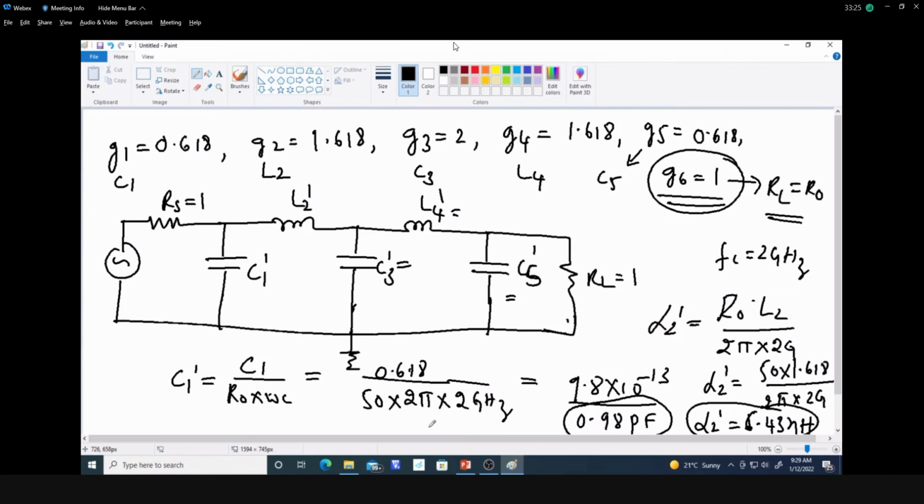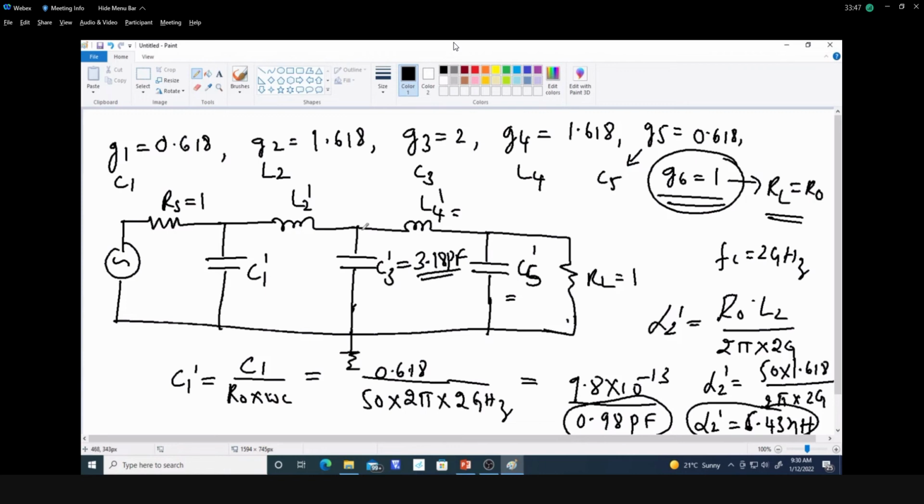What is 100 pi? Okay, so 1 over pi into 10 power minus 11. Is it 3.1 picofarad? 3.18 picofarads.